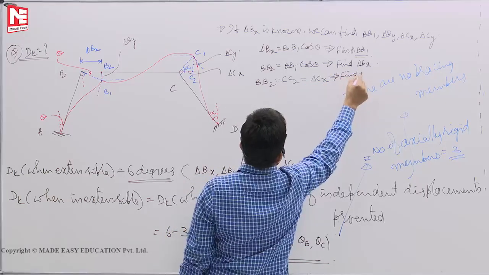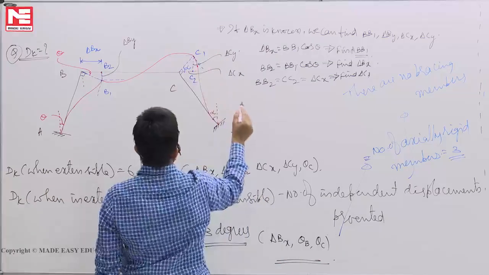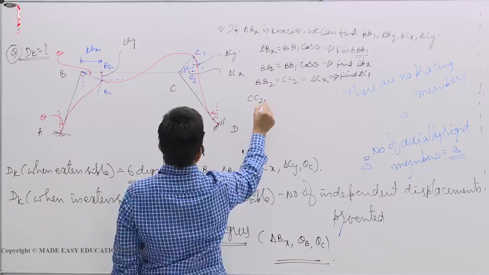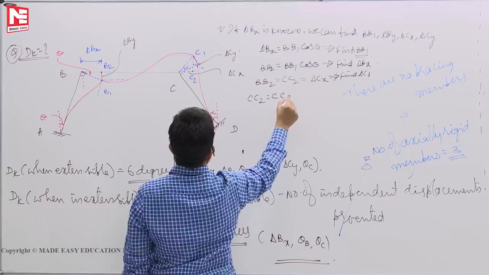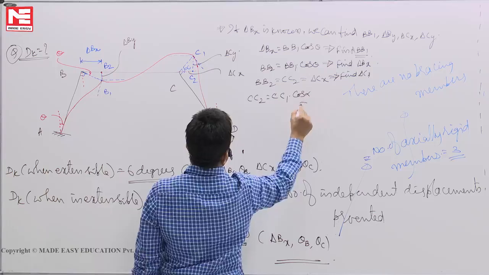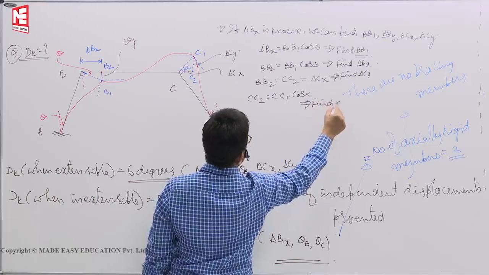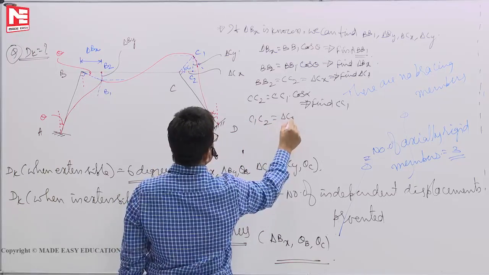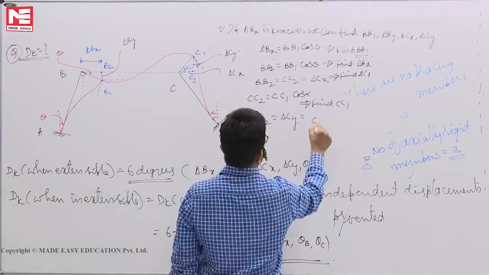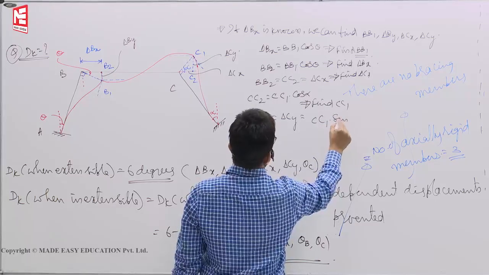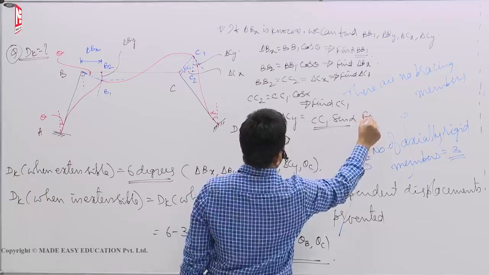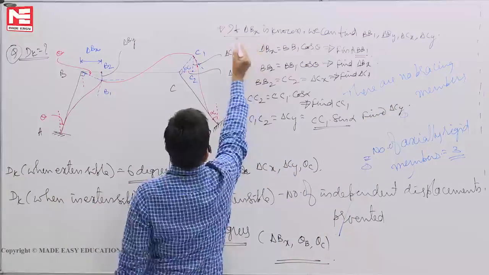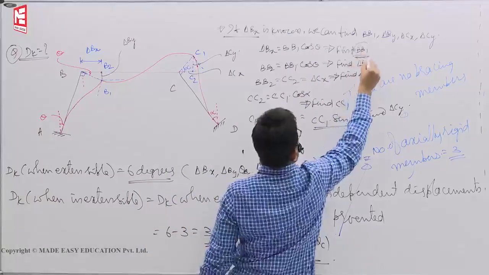So find delta Cx. Then C1: I can calculate, C2 is equal to CC1 into cos alpha, so from this find CC1. Now C1 C2 is nothing but delta Cy, which is CC1 sin alpha. So find delta Cy. That means if I know delta Bx, I can find BB1.